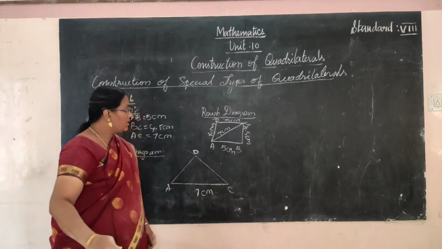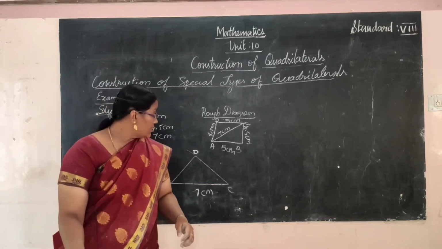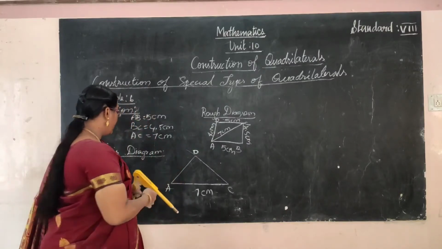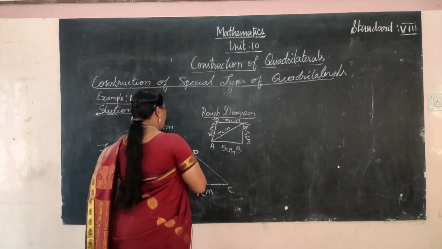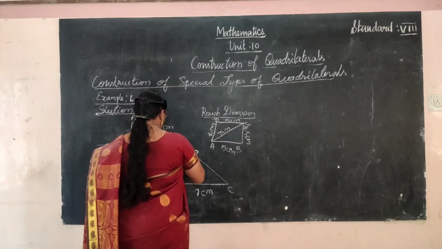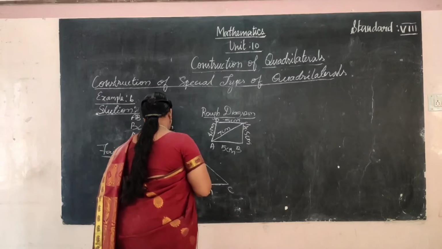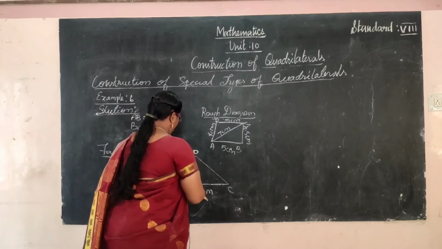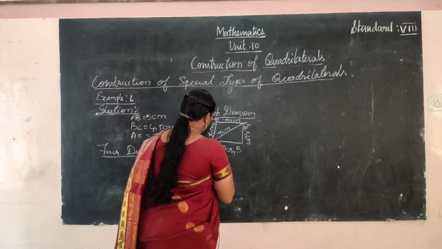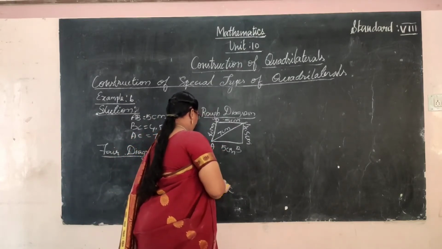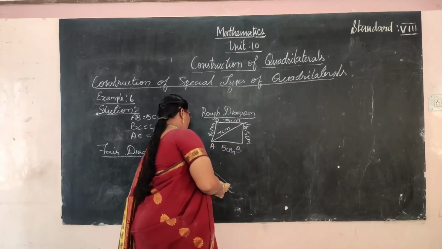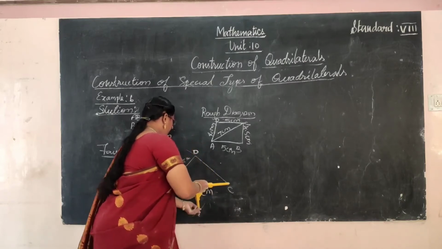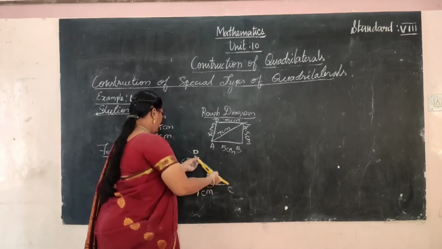Another side of the line AC, with the radius 5 centimeter and 4.5 centimeter, the same measurements. AD is 4.5 centimeter. Here 5 centimeter, because opposite sides are parallel and equal.